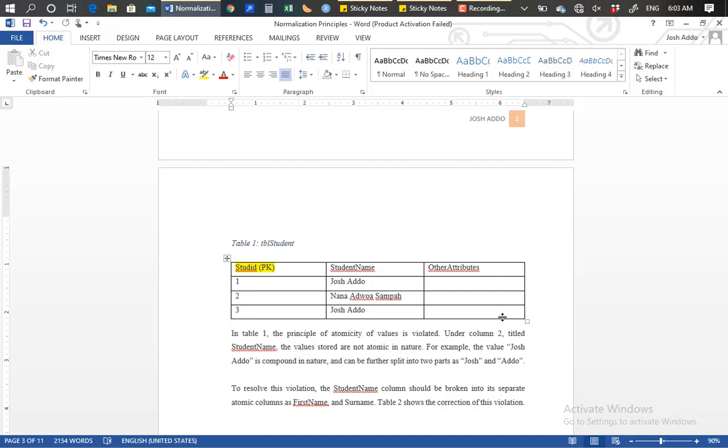So to follow the first principle of first normal form, which is an idea of primary key which uniquely identifies the records, there should be at least one column. So that's why we have the student column. The PK inside this bracket means primary key. So primary key is a column or a combination of columns which is to do the job of unique identification of records.